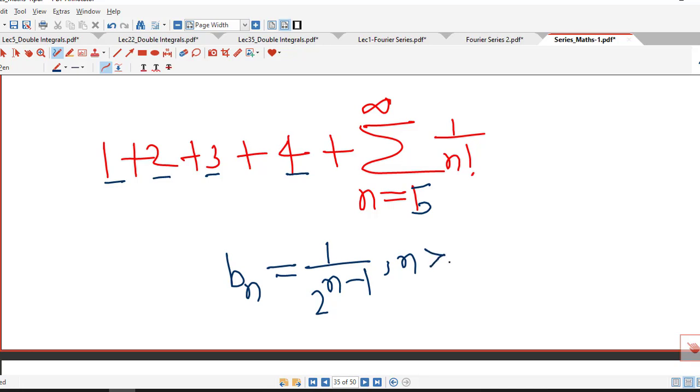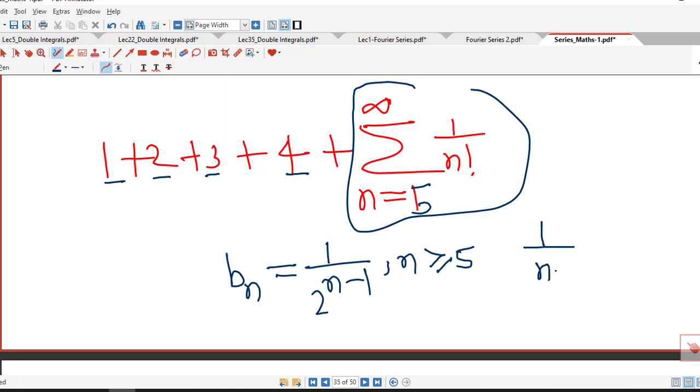So we can consider sigma bn as starting from n equal to 5, because from 5th term onwards we can write that an, or 1 by n factorial, is less than or equal to 1 by 2 raised to n minus 1. N is starting from 5.